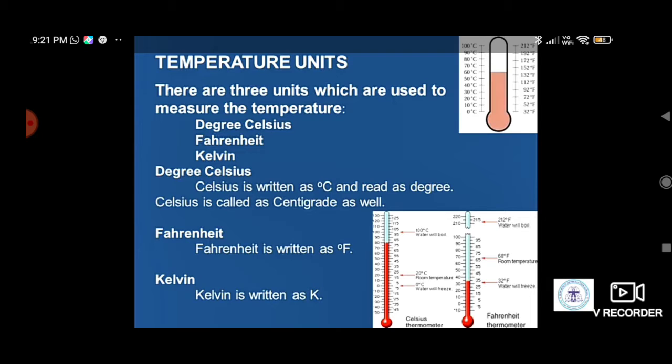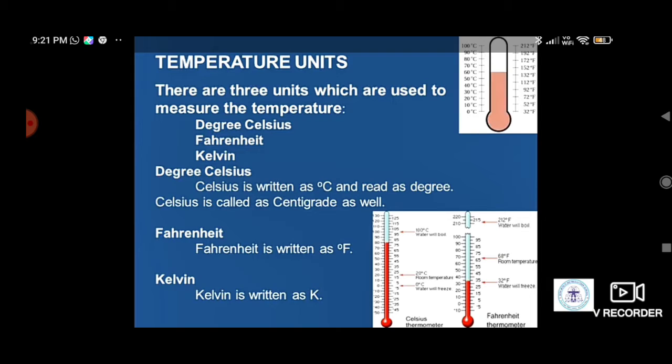Let me explain degree Celsius. Celsius is written as 0 degrees C and read as degree Celsius. Celsius is also called the centigrade scale.